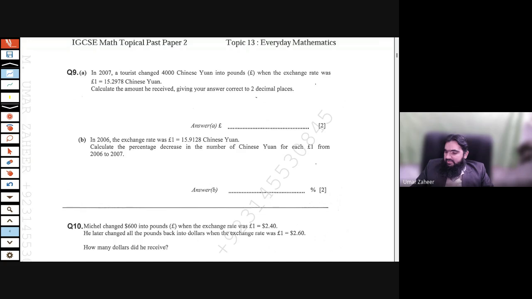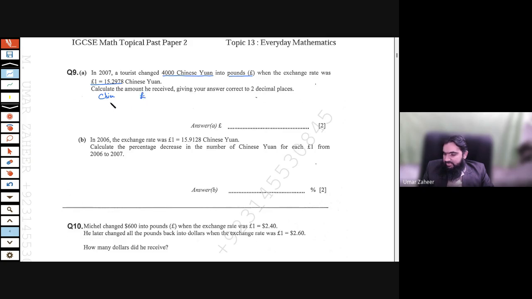Now, question number 9. In 2007, a tourist changed 4,000 Chinese yuan into pounds when the exchange rate was this one. Calculate the amount he received, giving your answer up to 2 decimal places. So look here, we have Chinese yuan and we have pounds.